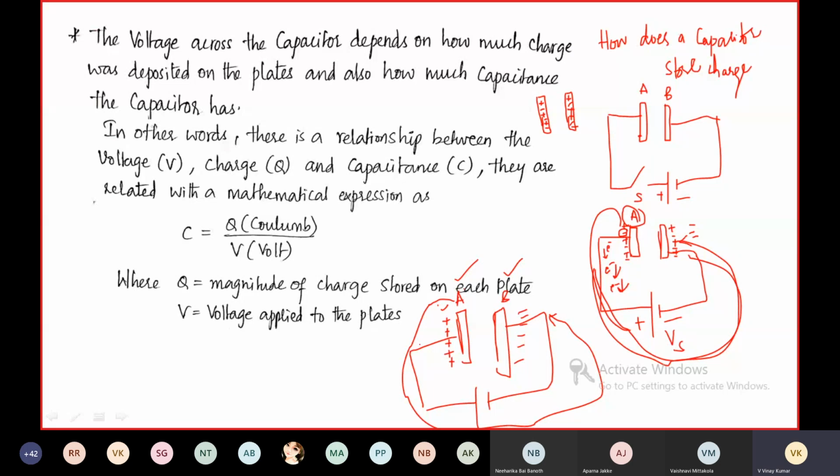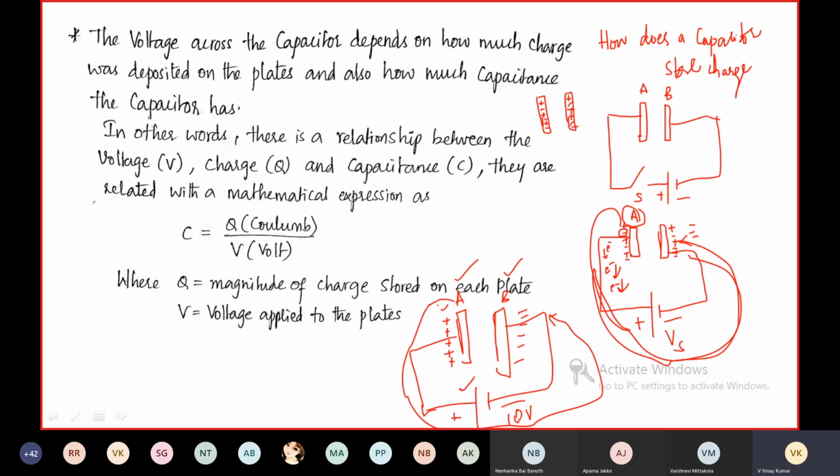For example, let me apply 10 volts across this capacitor. Slowly the electrons present on this plate move away as they are attracted by the positive terminal.